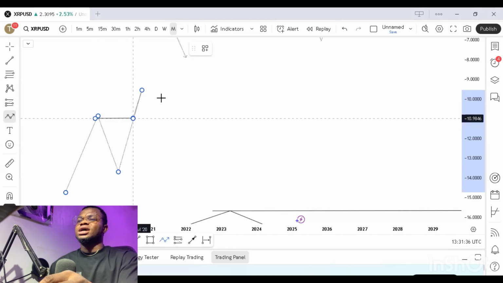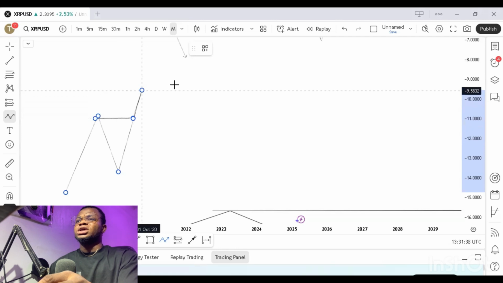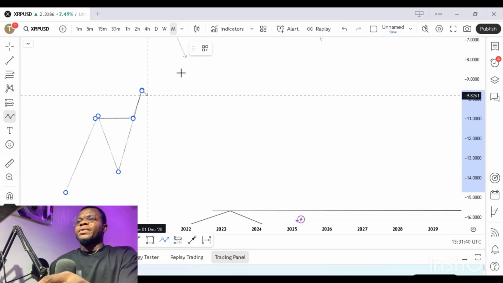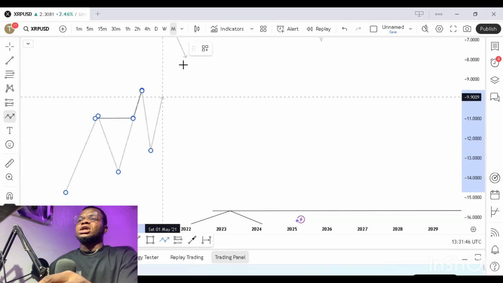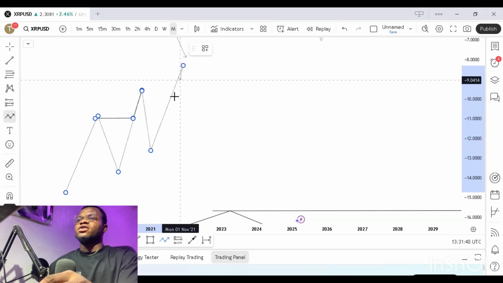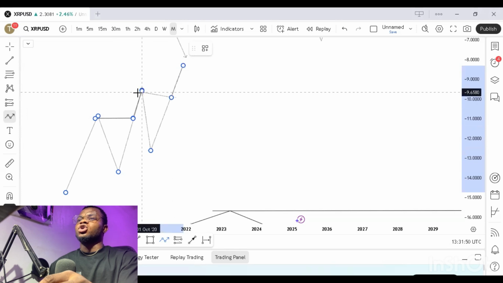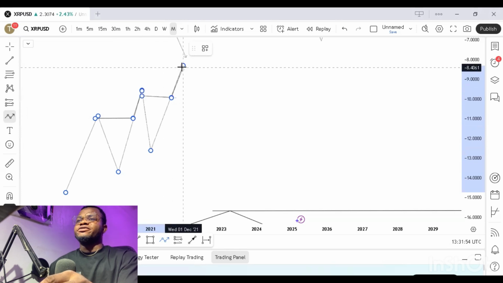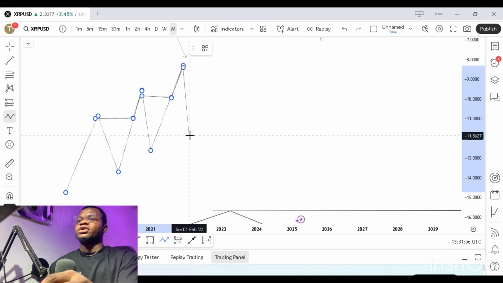The break of structure has shown us that we are in an uptrend. So the more break of structure we make to the upside, the more the uptrend is valid. All right, so that is that for that.